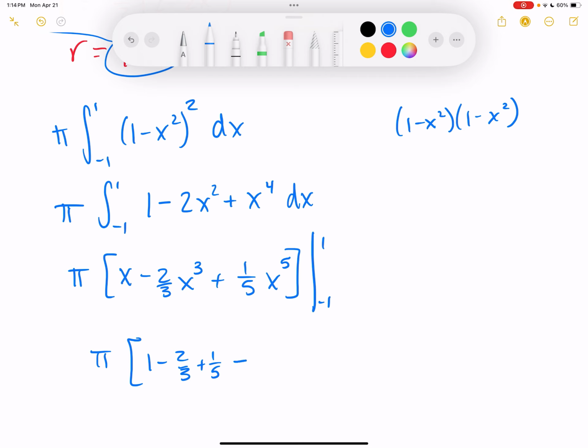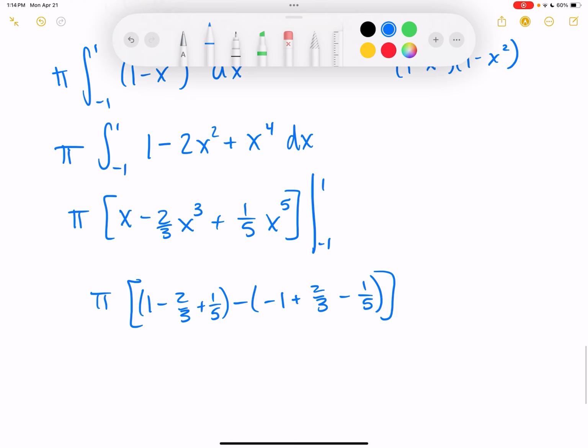Minus, and I'm going to parentheses this stuff off because negative 1 plus 2/3 minus 1/5. So then I've got pi times 2 minus 4/3 plus 2/5, I think.